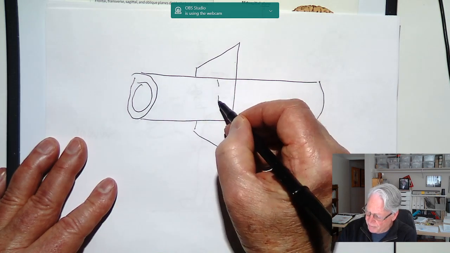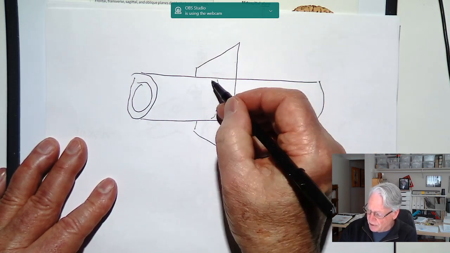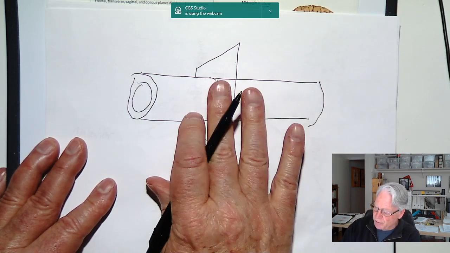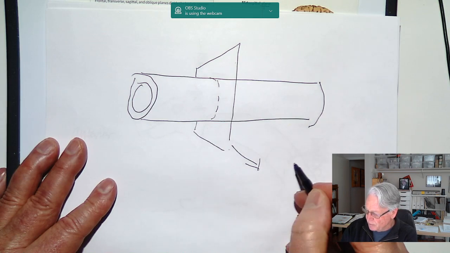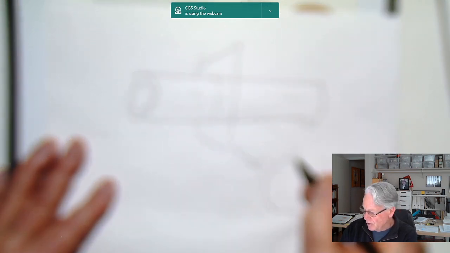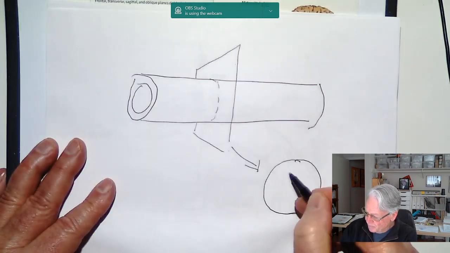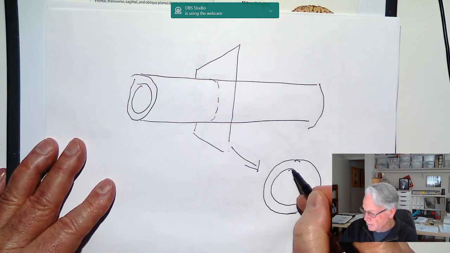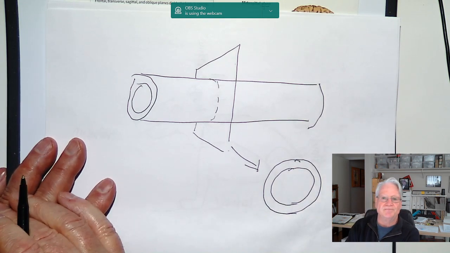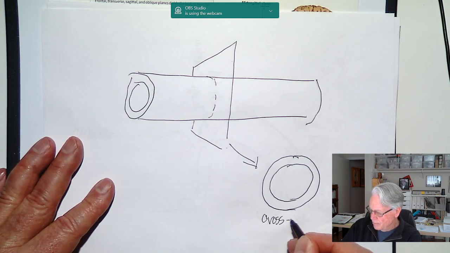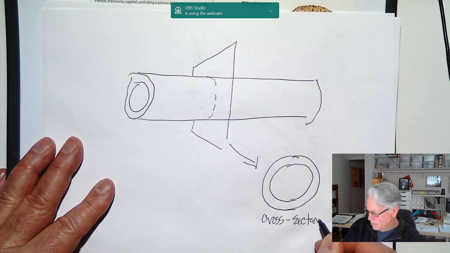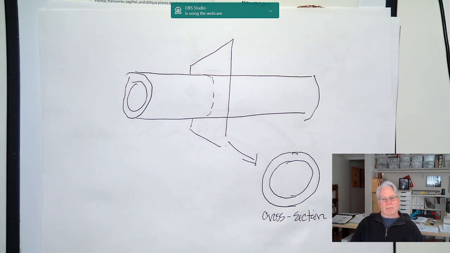So I'm going to cut it like this. I'm going to cut it through that. And then I'm going to split it in half, and I'm going to rotate it. So I'm going to get this. When I'm done with that, I will see this view of that tube. Okay. This is a cross section.